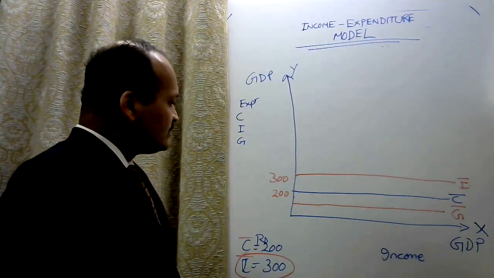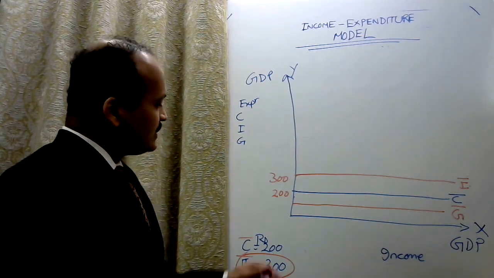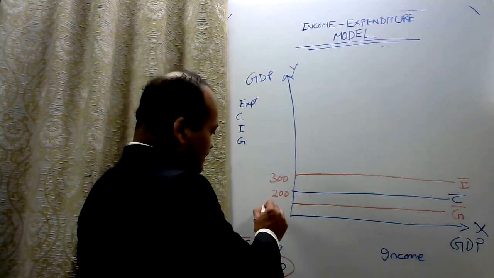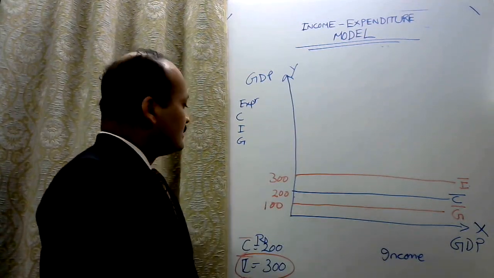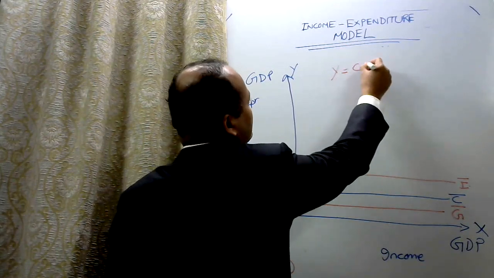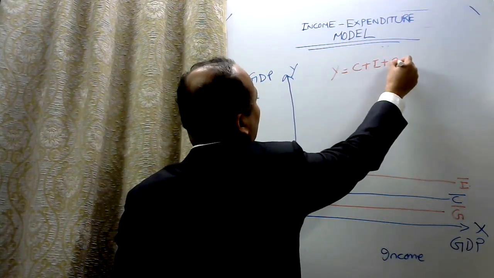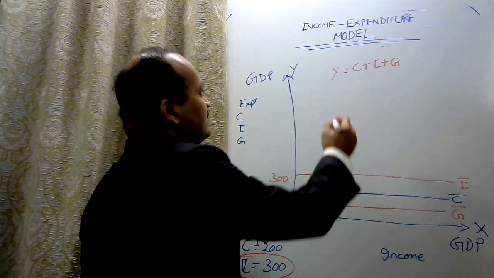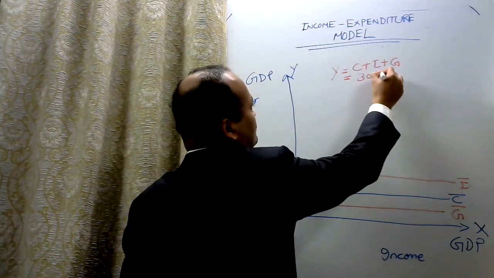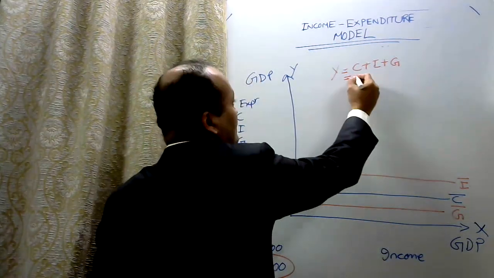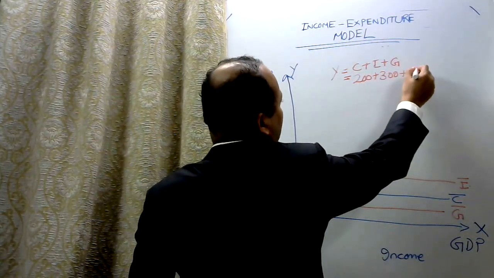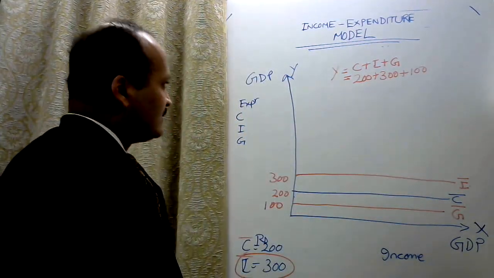Now in this economy, what is the total expenditure? That means C bar plus I bar plus G bar, or Y is equal to C plus I plus G. From the expenditure side, this will be equal to 200 plus 300 plus 100. These are arbitrary numbers just to explain the concept.